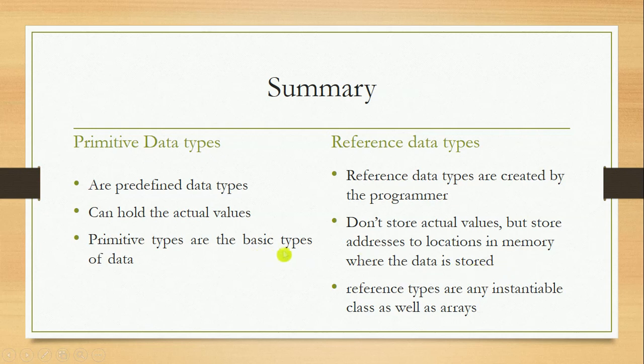Primitive data types are basic types of data, whereas reference data types are not. And reference data types are any instantiable class as well as arrays.